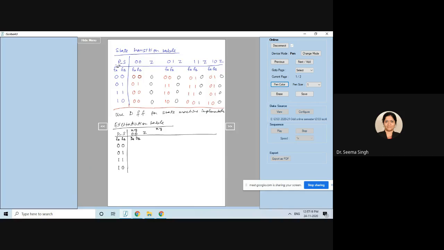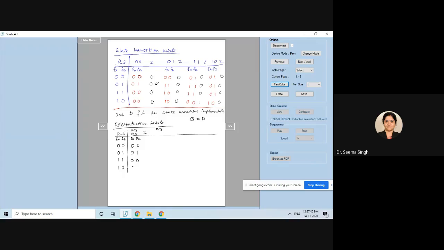You all know D flip-flop says that Q is equal to D. This is my Q, this is my next state. So FA, FB will become equal to DA and DB. So I have to simply copy my previous table.